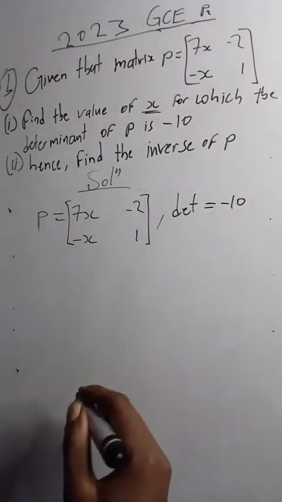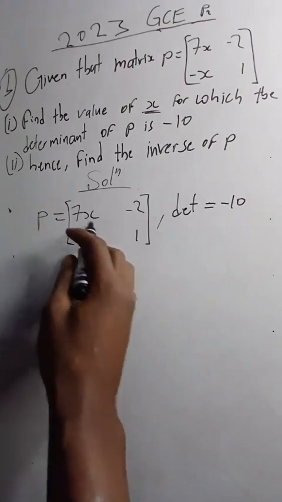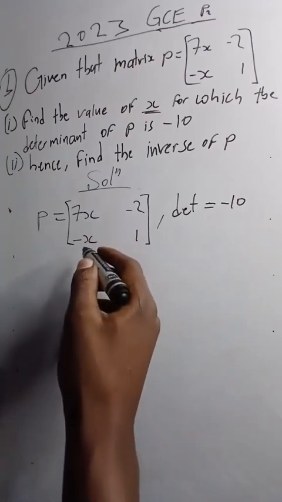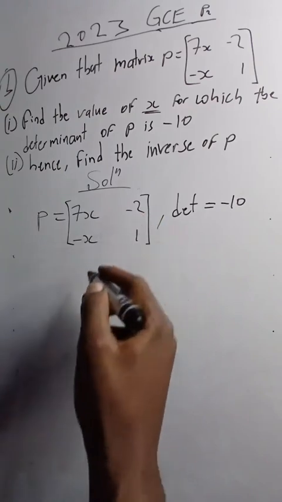Very simple. We are going to use the formula for determinant where we multiply the entries in the major diagonal, then we subtract the product of entries in the minor diagonal.